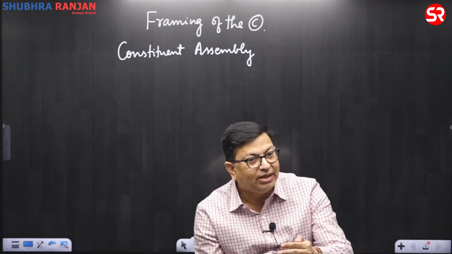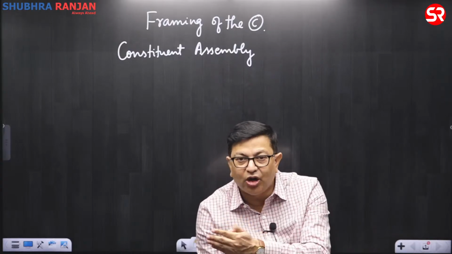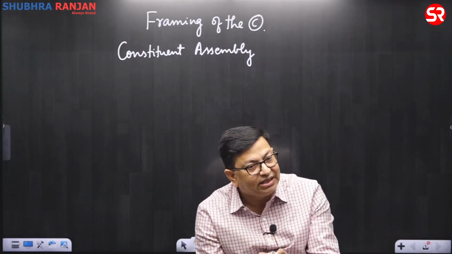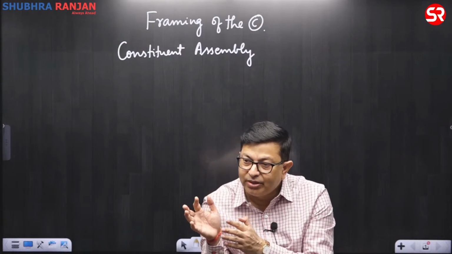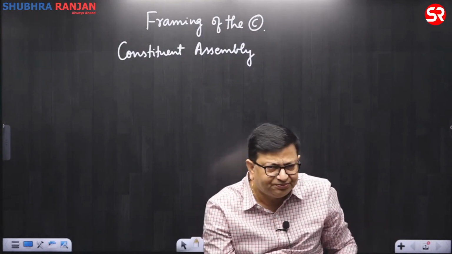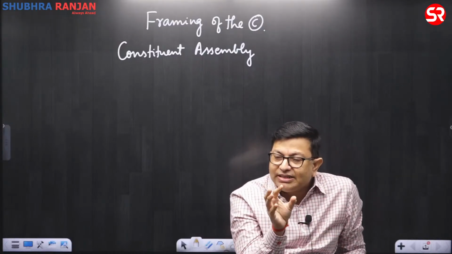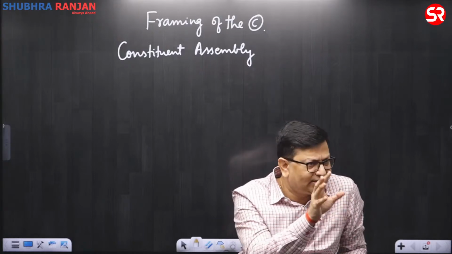From Madras, from Bengal, from United Provinces, Central Provinces, the members of the provincial assemblies elected their representatives. And then the princely states had to nominate members.